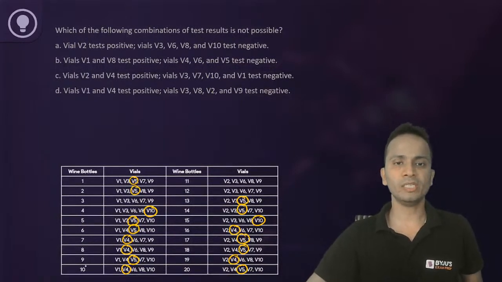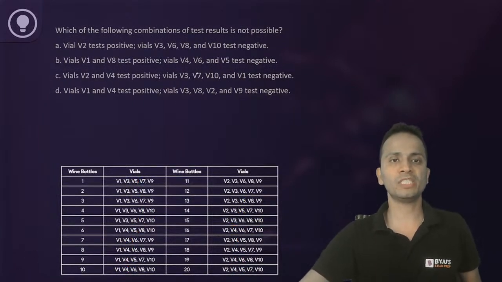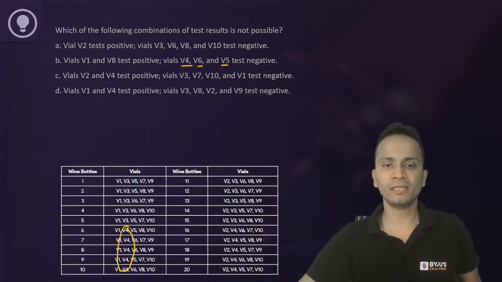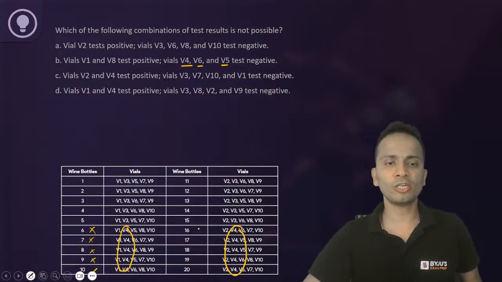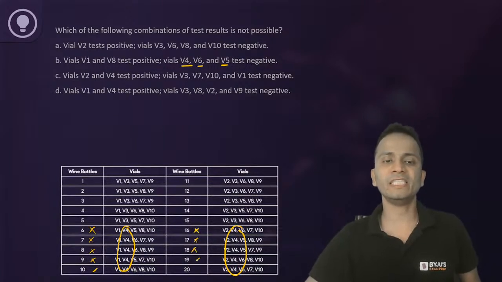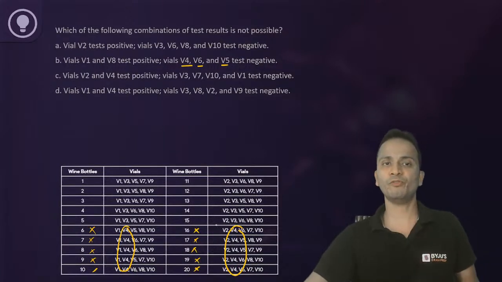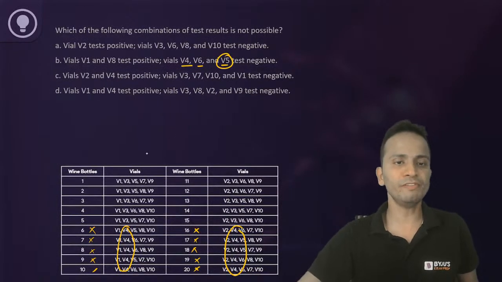Wait, I'm sorry, V10 नहीं करना था, दोबारा से देखते हैं इसको. ठीक है. V4, V5 and V6. So V4, all these are eliminated and all these are eliminated. ठीक है. So poison is not there in 6, 7, 8, 9, 10. It's not there in 16, 17, 18, 19 and 20 on the basis of V4. Now on the basis of V5, I can eliminate bottle number 1, 2 and 5.